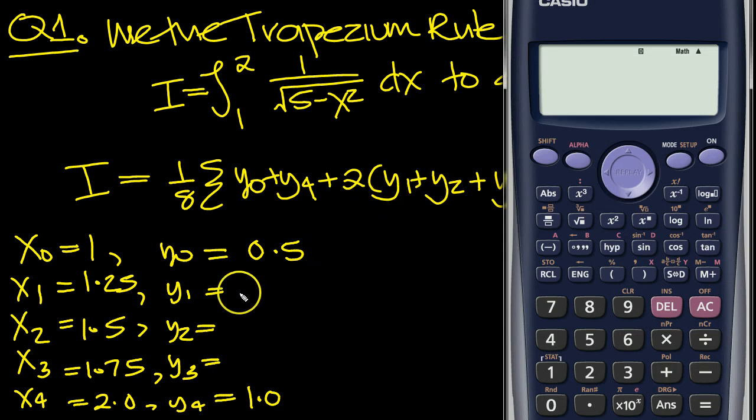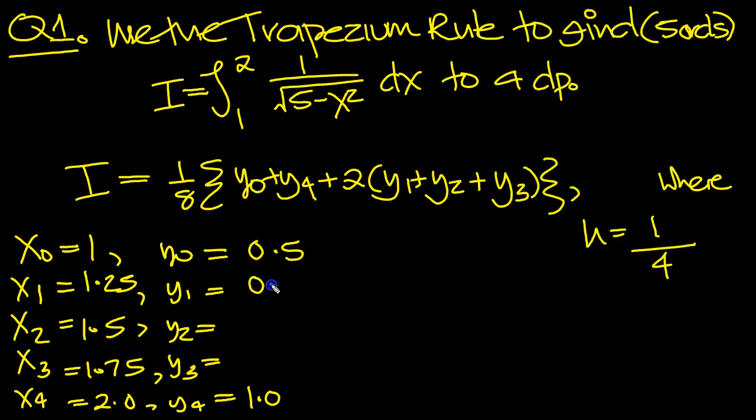We want it to 4 dp, so I'm going to write down the first 6 decimals. So it's this to the power minus a half, isn't it? So it's 5 minus, the first value is 1.25 squared, close bracket, and it's power minus a half. So let's do power, negative 0.5. We get 0.539359.